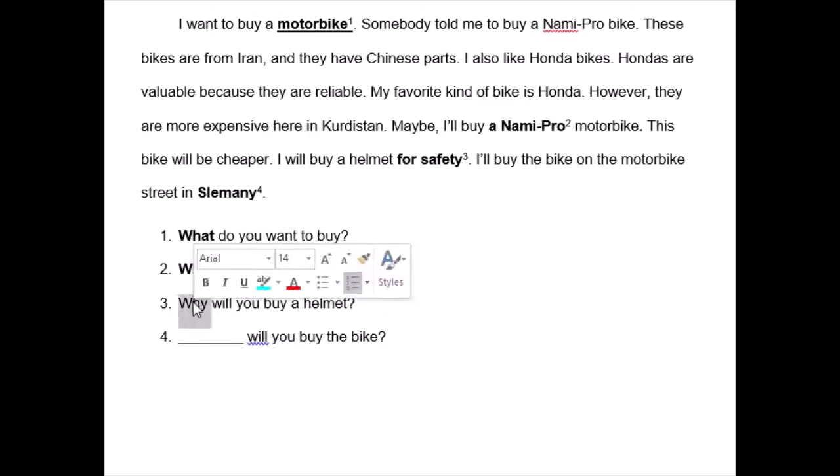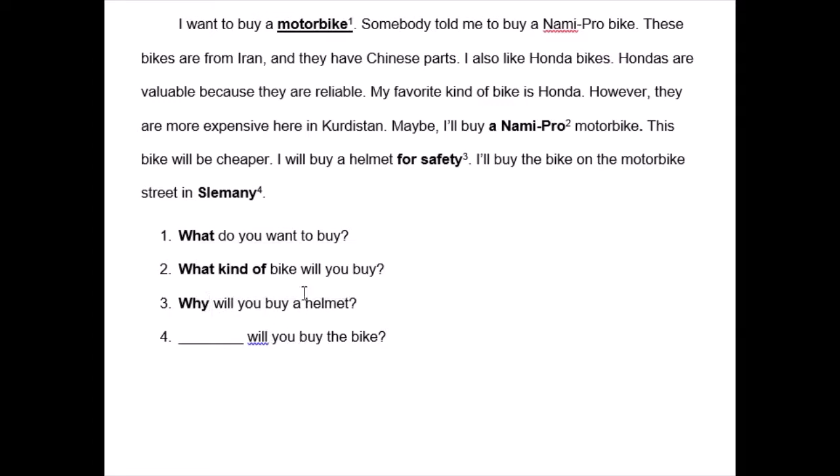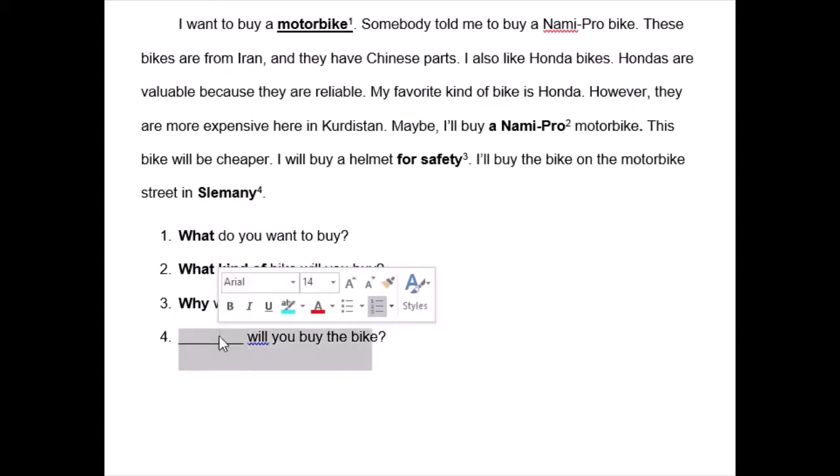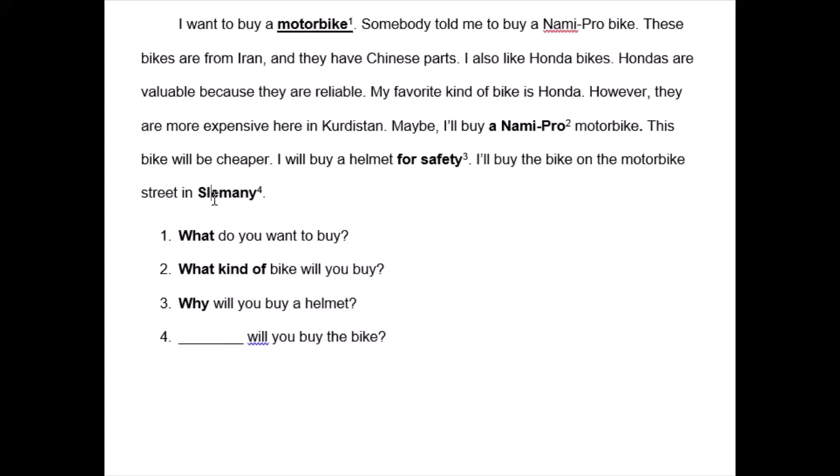Okay. Number 4, I'll buy the bike on the motorbike street in Slimani. Okay. So I think this is asking about the place, location. And so I use an information question. Where will you buy the bike?